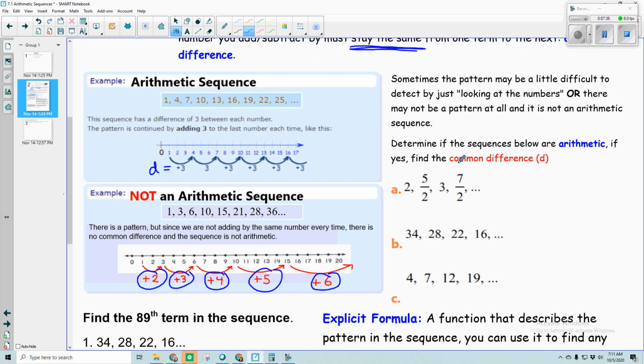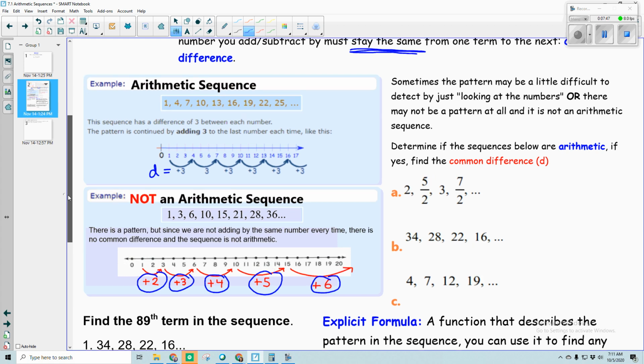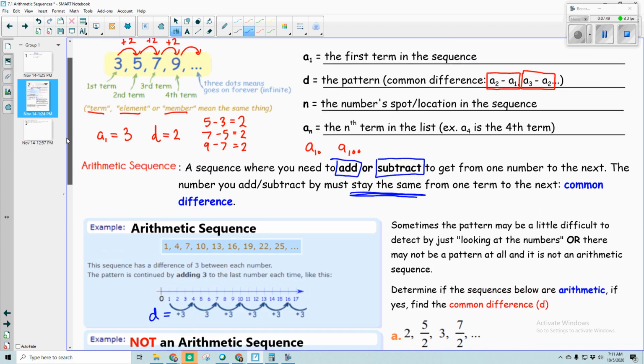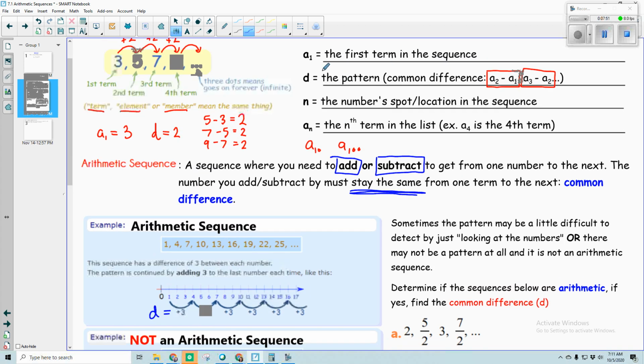So, is the first sequence arithmetic? So what I would do to figure that out, and it might be a little bit tricky, just because there's fractions in here and everything, but if I want to figure that out, I'm going to use this pattern that I was talking about up here to find the common difference.